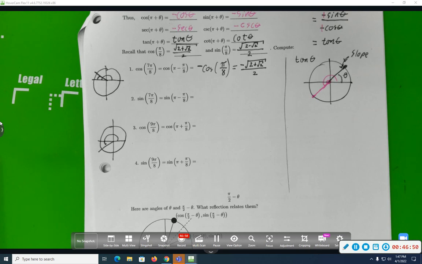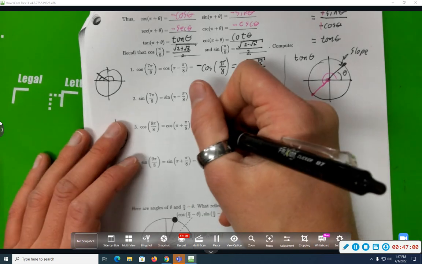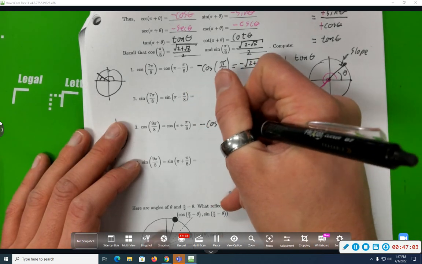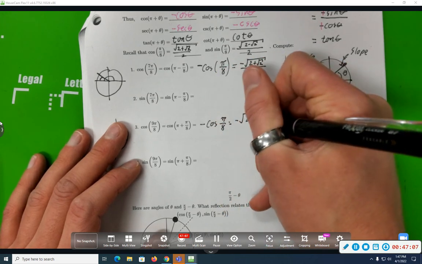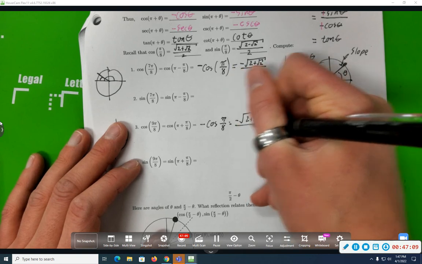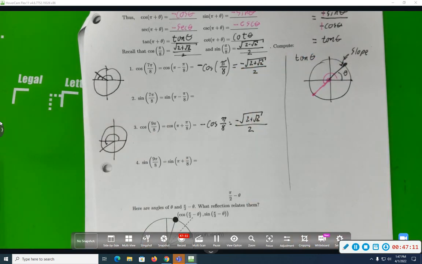So what does cosine do when you do pi plus an angle? Becomes negative, I think? Yeah. Negative cosine pi over 8. Oh, but I know what that is already. Cool. That idea seemed natural enough?